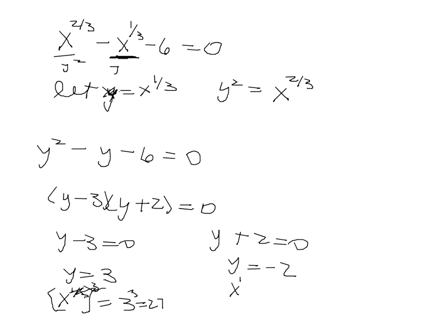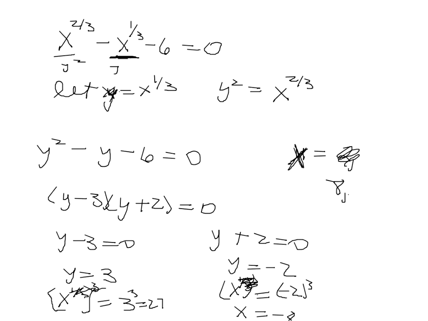Do that here. x to the 1/3 equals minus 2. Take both sides to the 3rd power, cancels the exponents over there, and I get x equals minus 8. So now I need to go to my calculator and graph these to see if both are solutions. But that is quadratic form.